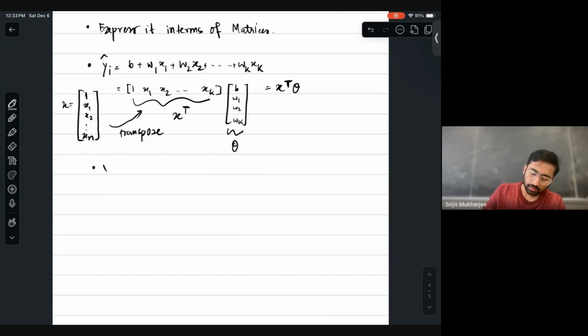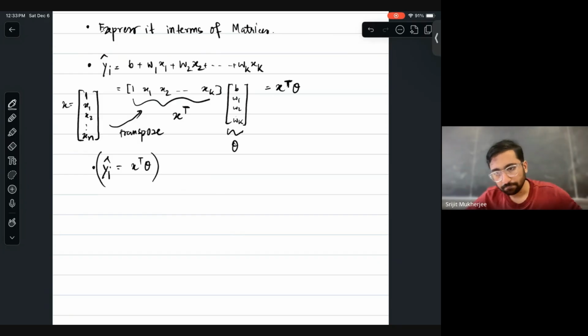So yi hat can be written, interestingly, in this simple way, as xi transpose theta.